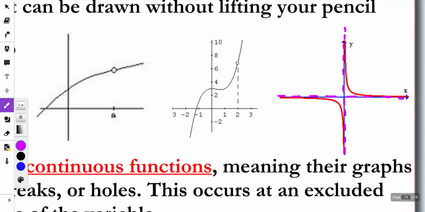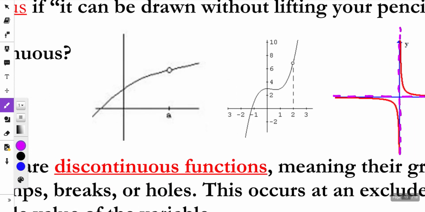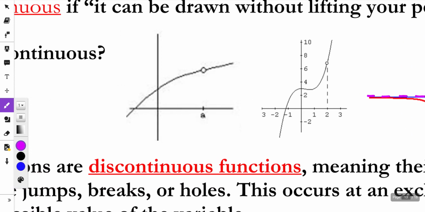Cool. The left one and the middle one are also examples of discontinuous graphs. They have something that I refer to as a hole. So you go along the graph, and then there's a moment where the graph does not exist, and then it keeps going. So if you look at that first one, the graph is going. This open dot means that that part of the graph does not exist.